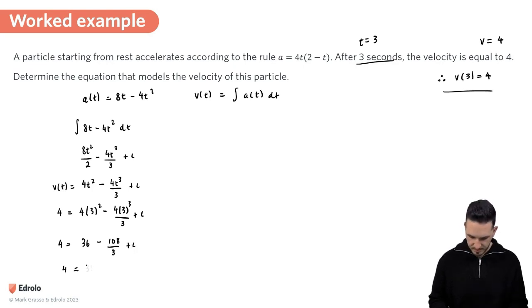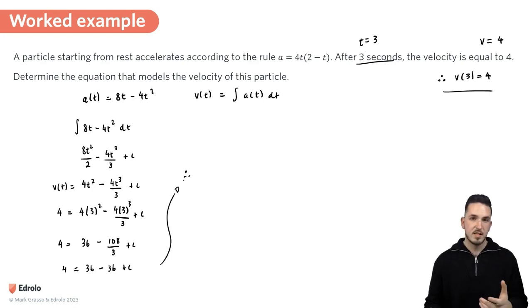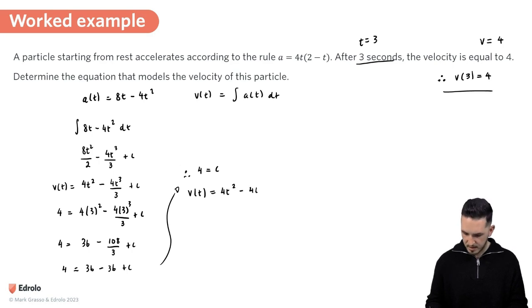So 4 equals 36 minus 36 plus c. 36 minus 36 just gives you 0. So 4 equals c. We can't leave our solution like that. You want to find the velocity. So v of t is equal to 4t squared minus 4t cubed on 3 plus 4. So that's your final solution.